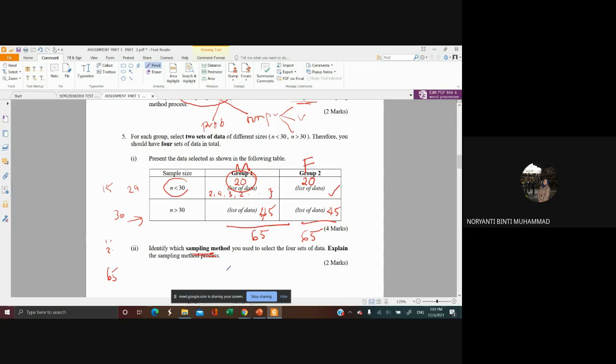Explain here. Did you use random sampling, stratified sampling, or systematic? But usually random sampling and systematic. Because you have listed the data, you will use probability sampling. For the 45, you just say the balance is considered the bigger sample size. Clear or not?